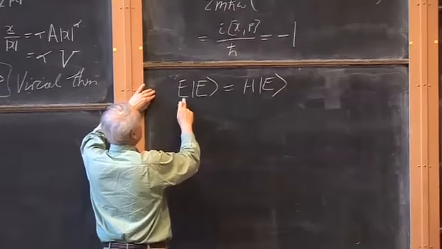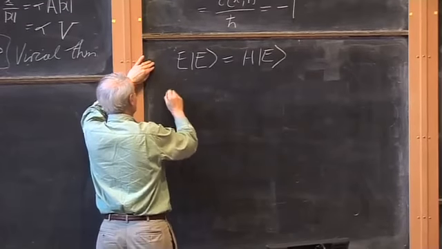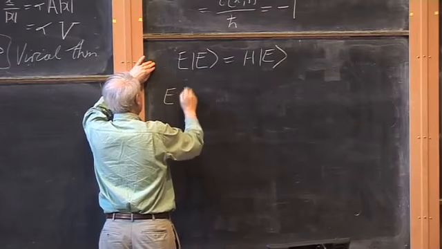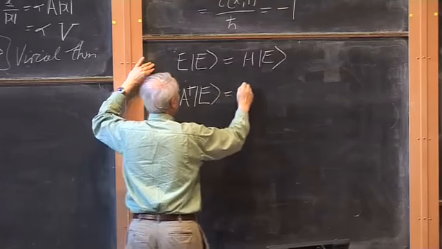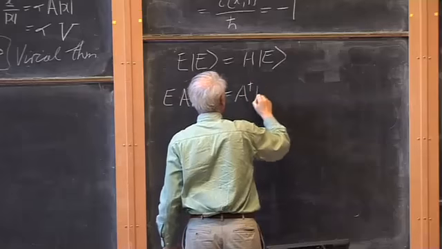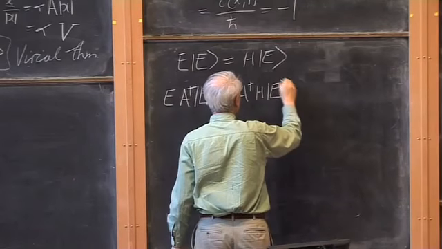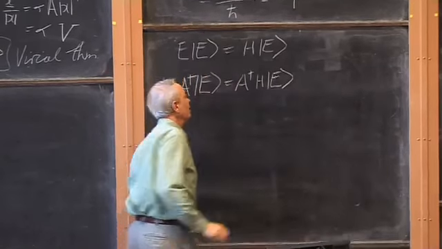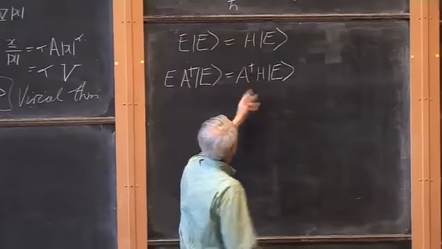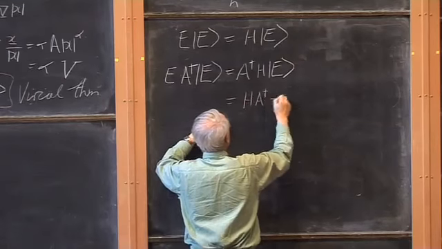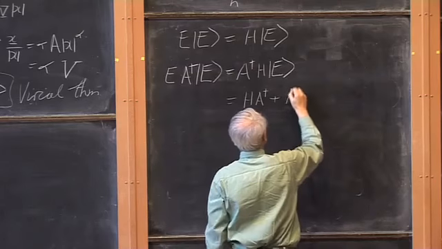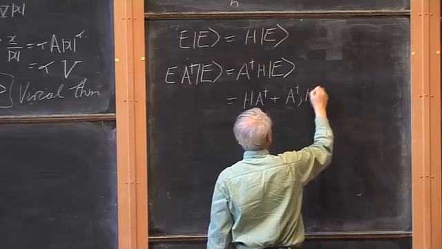Then this is just an eigenvalue, it's only a number, so I can write E a dagger |E> is equal to a dagger H |E>. That's obvious. I would like to swap these over, so I say this is equal to H a dagger plus the commutator [a dagger, H].